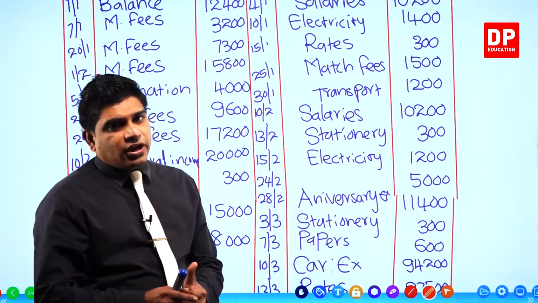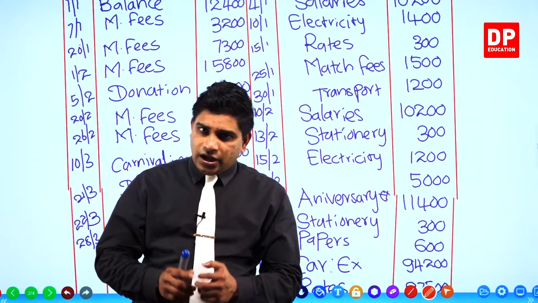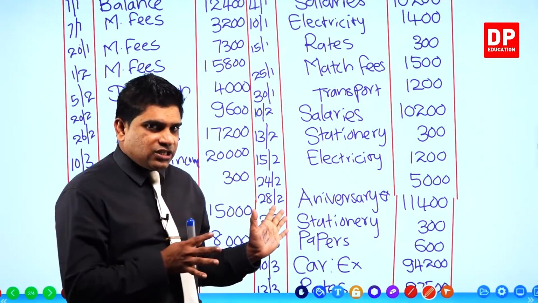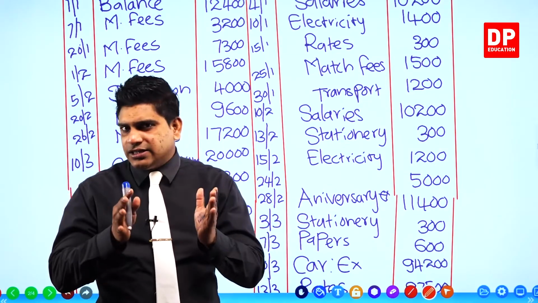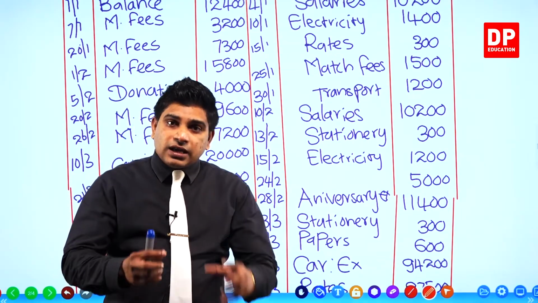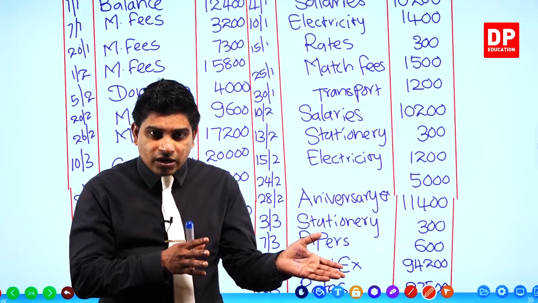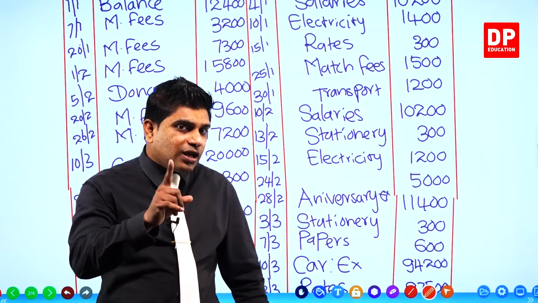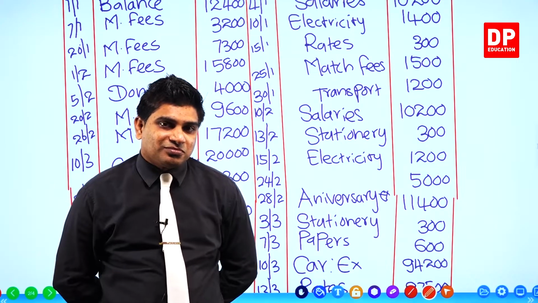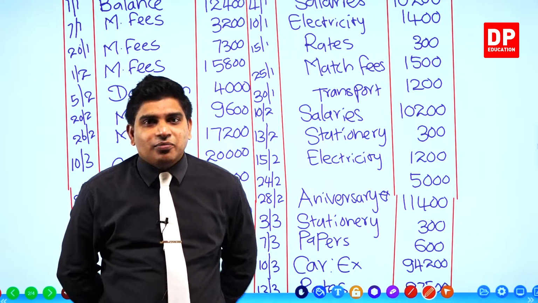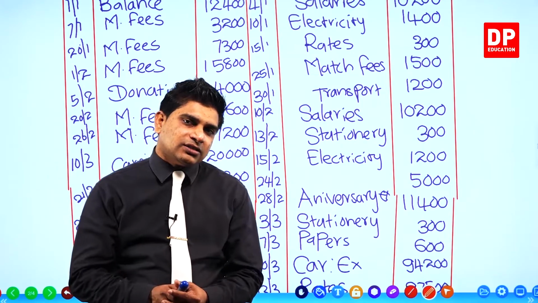My students, remember this thing. In your textbook, they have provided these details. The practical situation is this. Can you pay 150,000 rupees to someone when you have only 100,000 rupees? Can or can't? Practically, we can't do that.